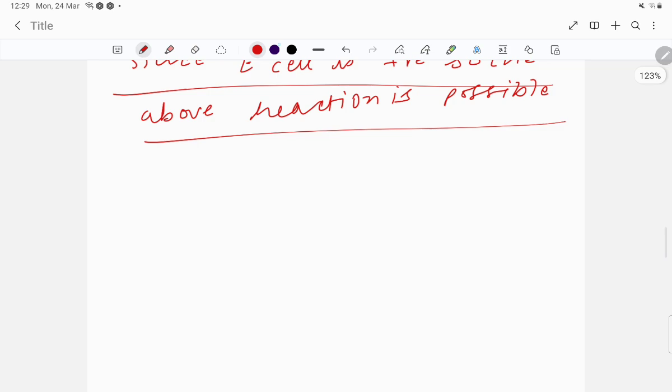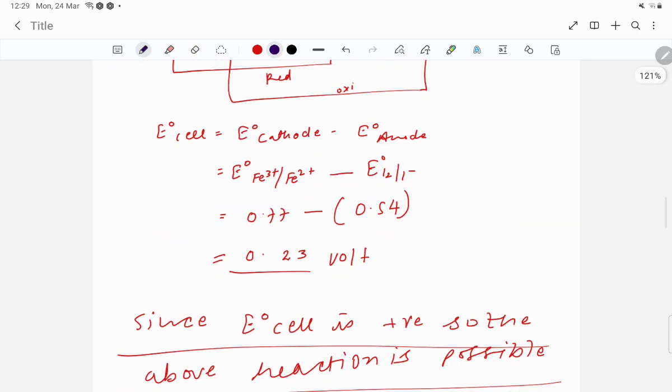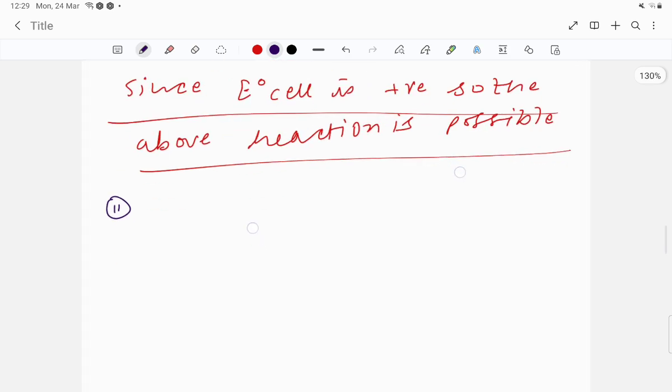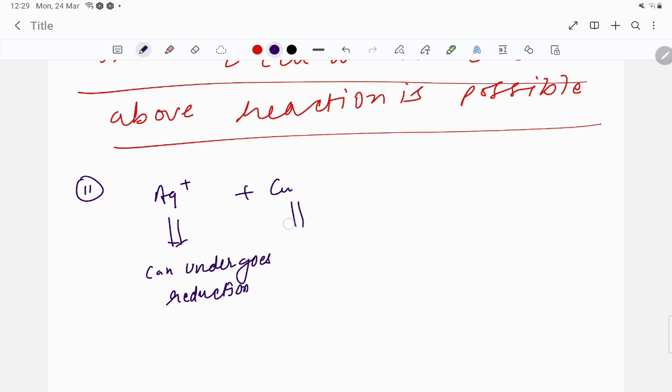Now come back to the second part. If you see the second question, student, Ag+ and Cu. Ag+ and Cu. So student, Ag+ has a positive charge, it can undergo reduction, and Cu, student, can undergo oxidation.